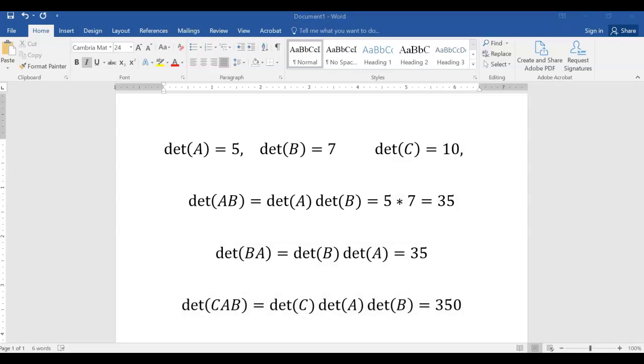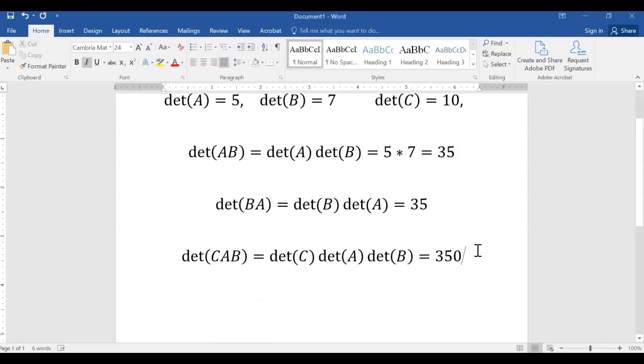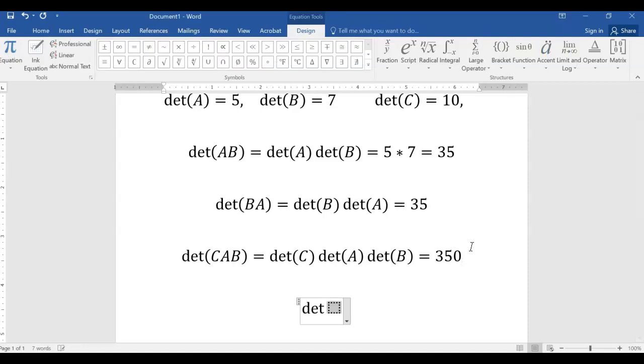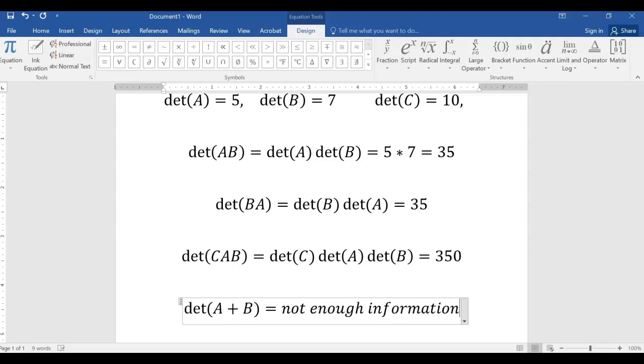Probably won't come up in this class, but if somebody were to ask you, find determinant of A plus B, and you don't know what A is and you don't know what B is, you'd say not enough information.